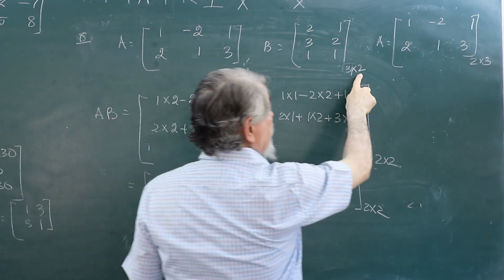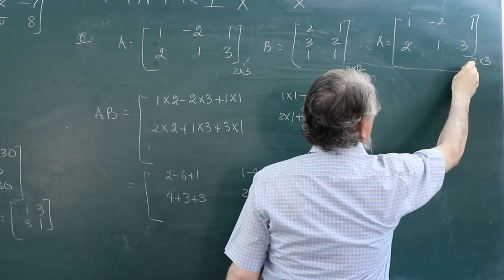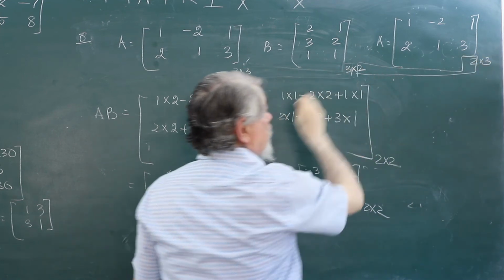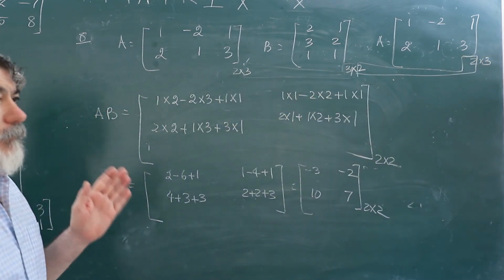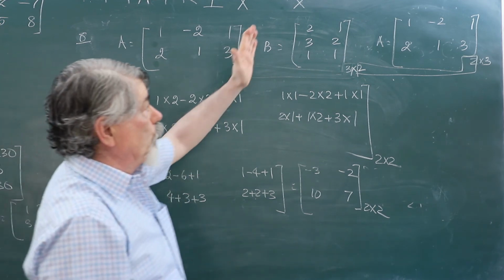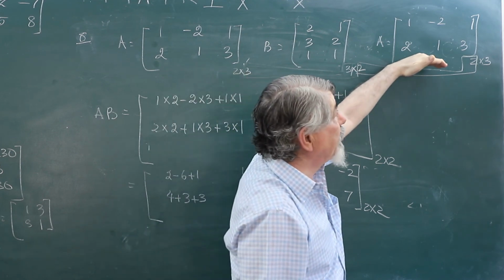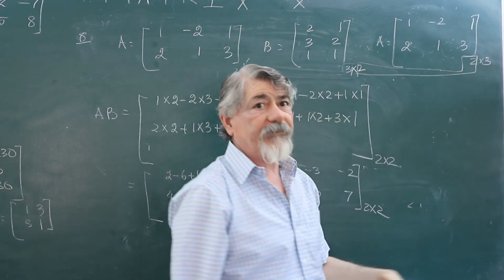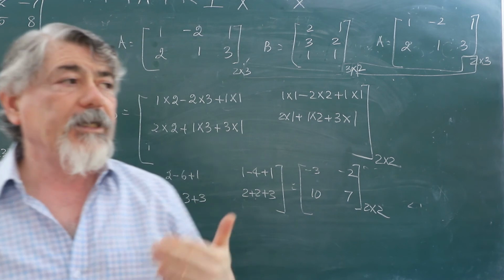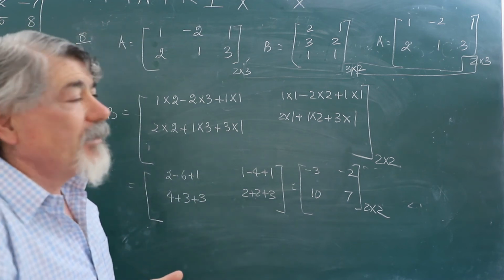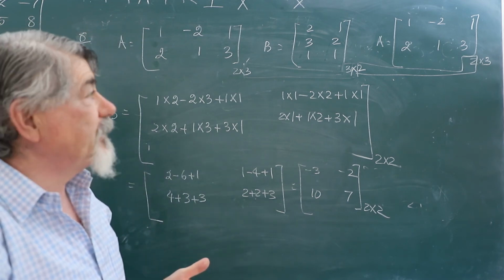So here the 2 is here and here also 2 is there. So this is possible. Number of columns in B are 2 and number of rows in A are 2. So if number of columns in the first is equal to number of rows in the second, then matrix multiplication is possible.